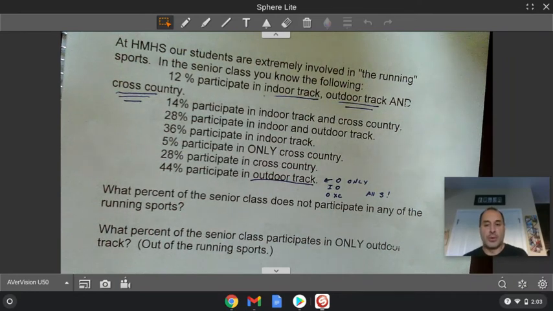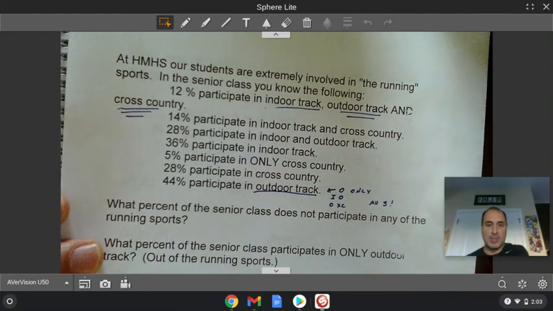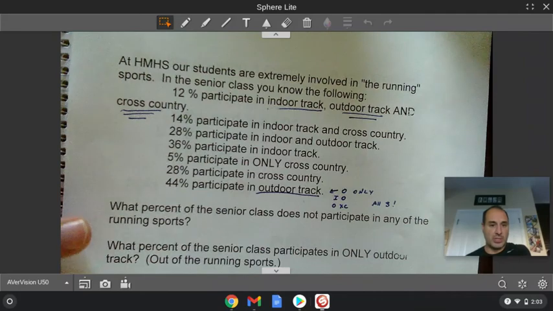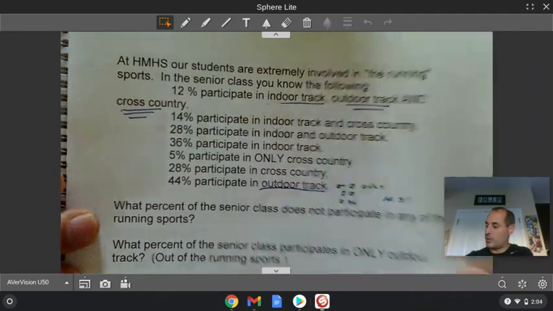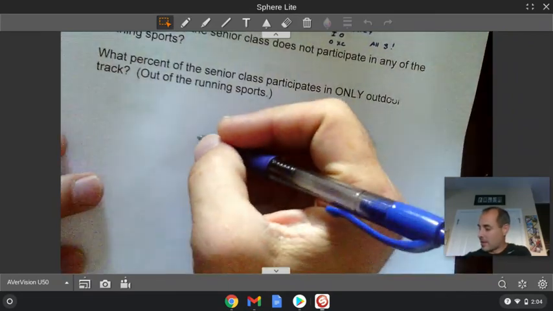Okay. So what I do notice is that there is a piece of my population that participates in all three. So what I'm going to do is draw a Venn diagram.